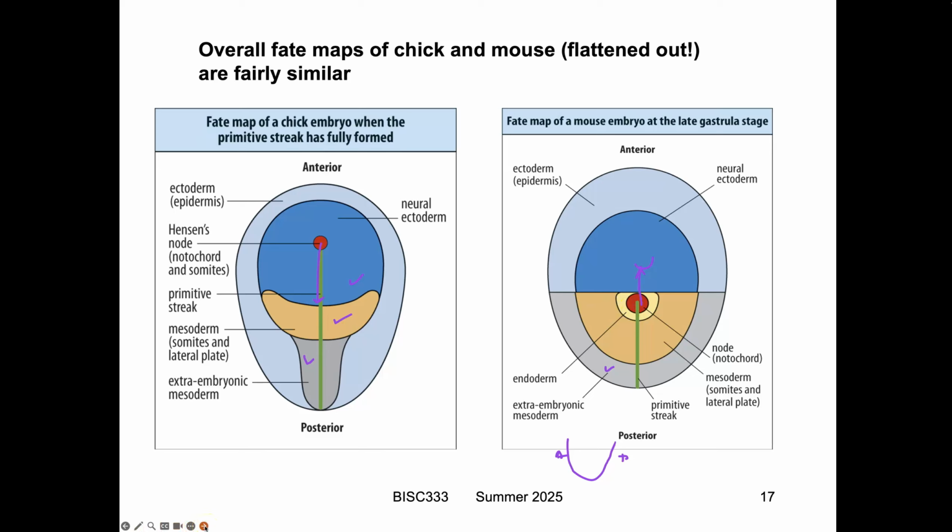One of the things we really want to emphasize, though, is the similarity between different organisms, because a mouse and a chick don't look particularly similar to each other, and yet at these early embryonic stages, the embryos have many, many striking similarities.